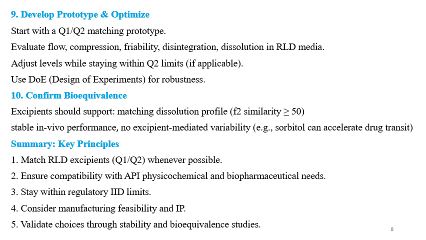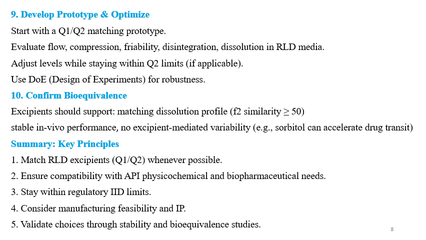So in principle, some points I have enlisted here for selection of the excipients for the generic formulation development: match the RLD excipients wherever possible, match the Q1, Q2, do some reverse engineering and understand the quantity. Then ensure compatibility with API, physicochemical and biopharmaceutical needs.